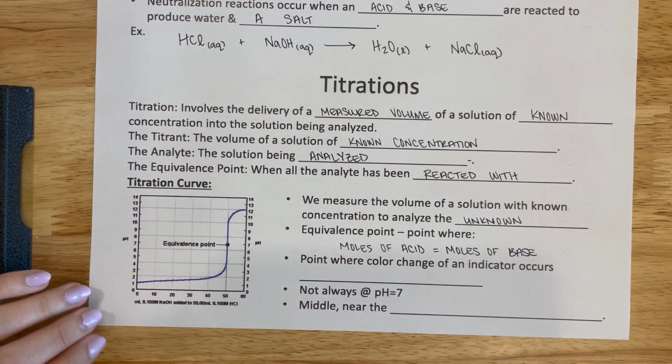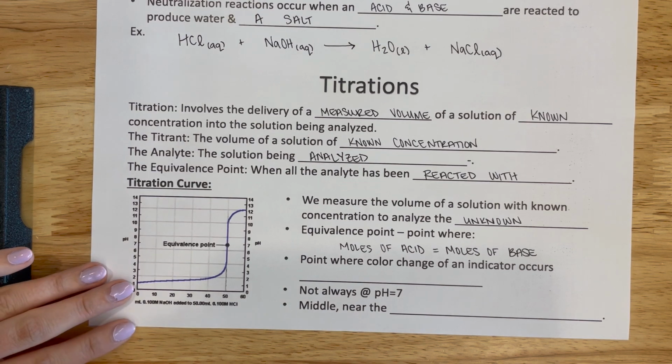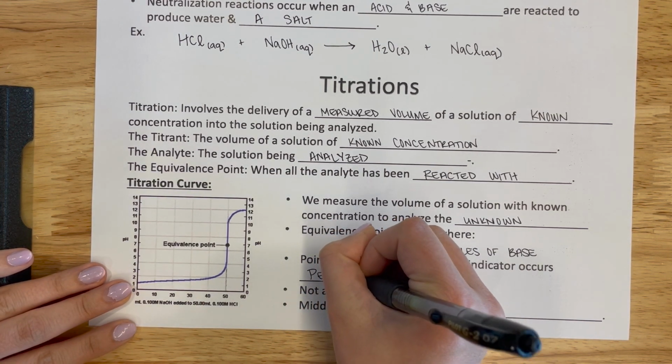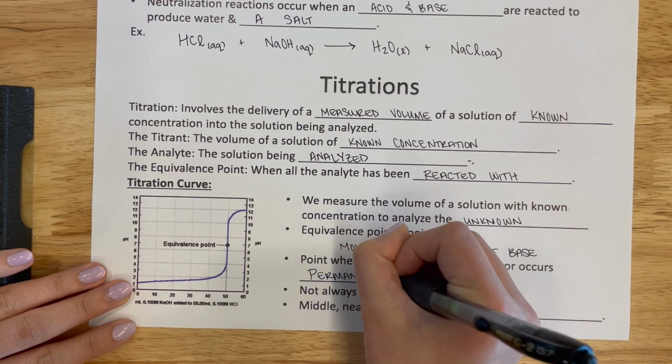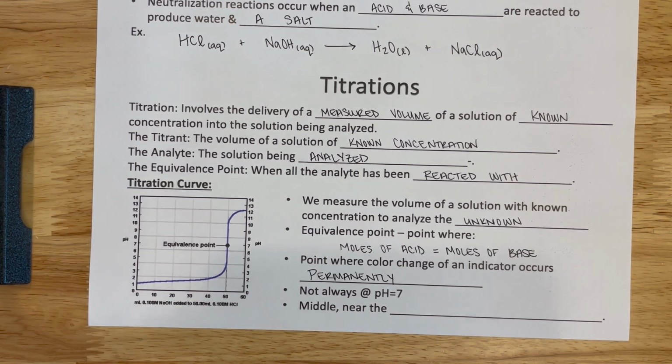And this is also important because you have to pick an indicator that you're going to be using. And this is the point where the color change of that indicator is going to occur permanently. Right, you might see a little change occur, but then if it goes back to what it was before, that means that we haven't fully reached that endpoint.